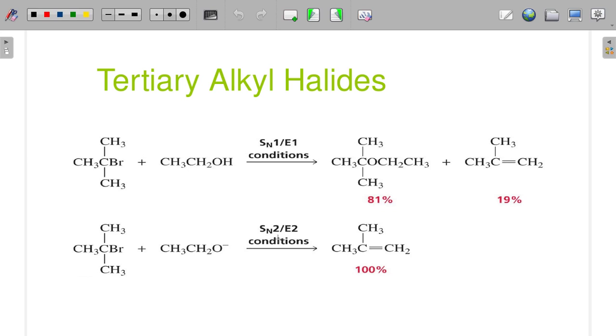However, if I do them under SN2, E2 conditions, so a strong nucleophile, I pretty much only get the elimination product. Now, there's not much I can do to guarantee I get just the substitution product, but I can probably handle that a little bit more because it'd be easy enough to purify that ether and an alkene. But if you want the alkene, just do it under elimination.